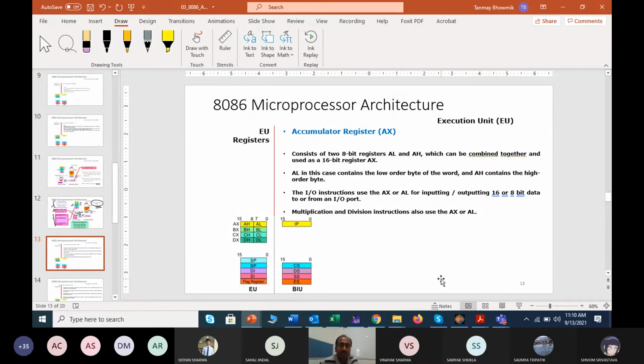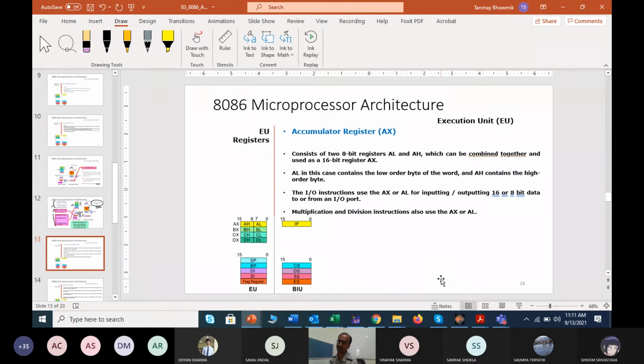So when you use 32-bit data in a 64-bit system, the lower order bits of the accumulator are sufficient to handle it. My higher order bits are not being used, they are resting. That is why it is suggested that on a 64-bit system you use 64-bit software, because then your whole system can work at full strength. If you use 32-bit software, half of your system is not utilized properly.